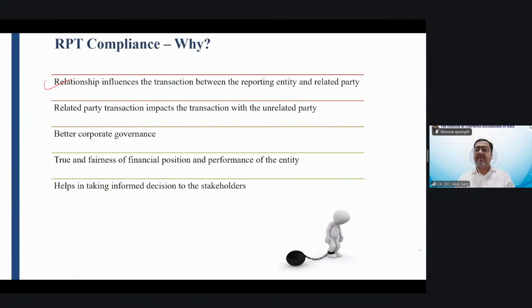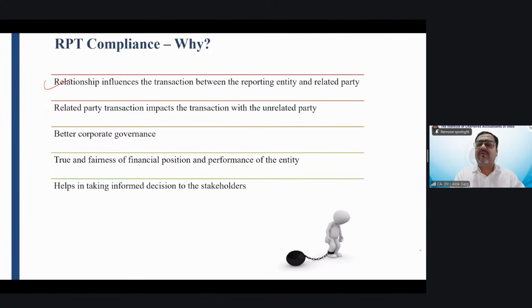Very simple, right? So now in the next year, what happened? Because this was just an arrangement, the parent never intended to purchase the goods and services from the subsidiary because the parent was in no need, and the subsidiary was also not supposed to make a sale to the parent.